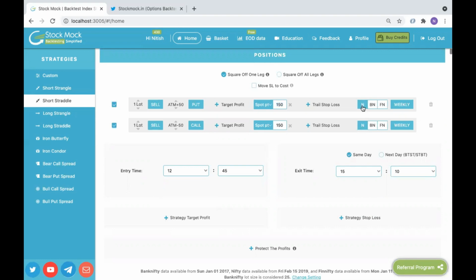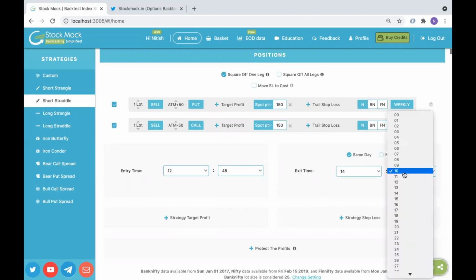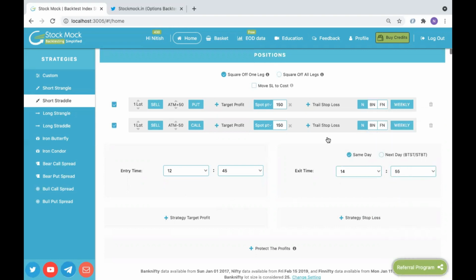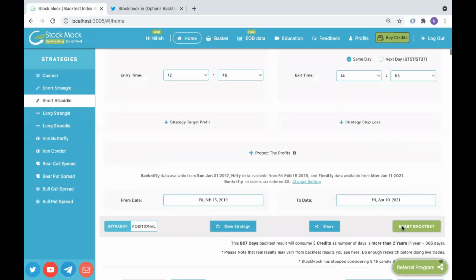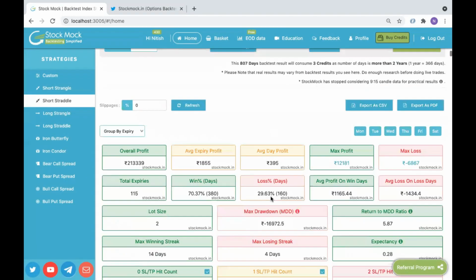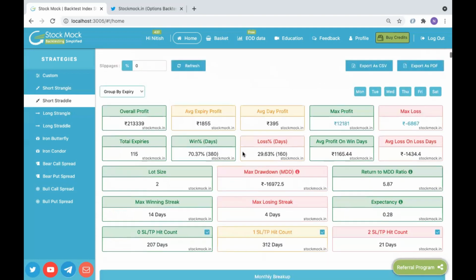For example, at 12:45 they enter, doing a 2 hour strategy, assuming 50 points. After 12:45, they say that if the spot movement goes in a single direction, it will not reverse much on many days. Those are the things they are doing. Average day profit 395, 70%.